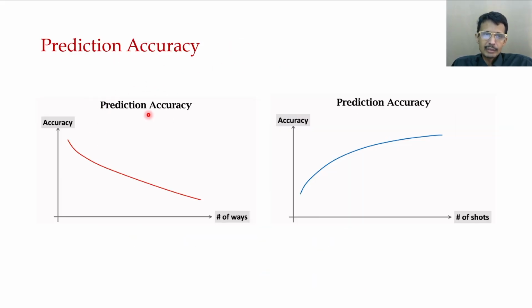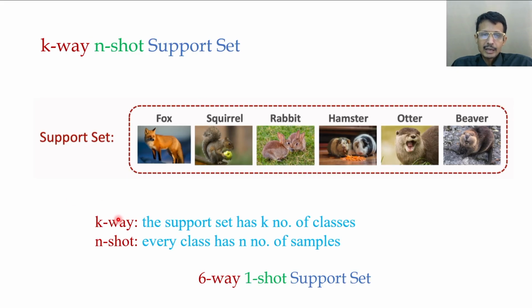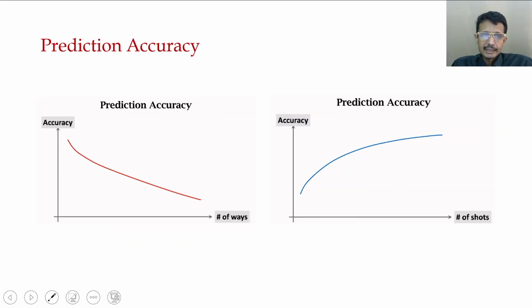As for prediction accuracy, if the number of ways, that is the number of classes, is high, the accuracy decreases with increasing number of classes. And the accuracy increases with increasing number of examples per class.